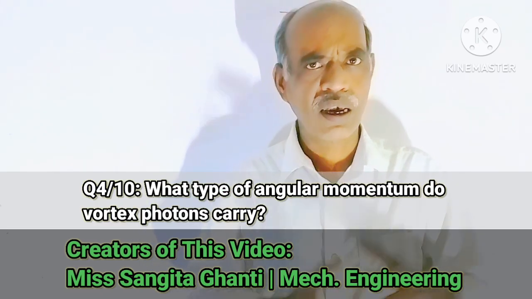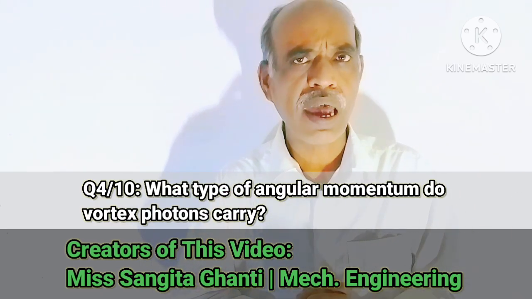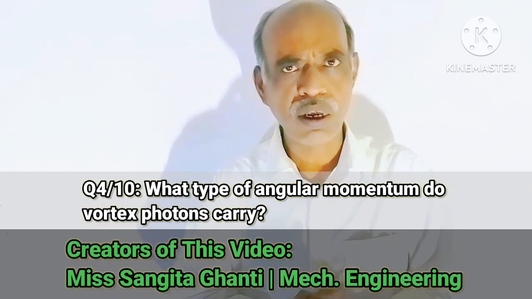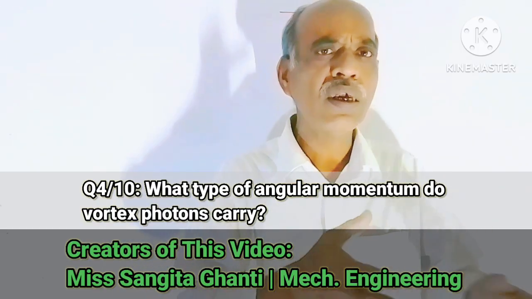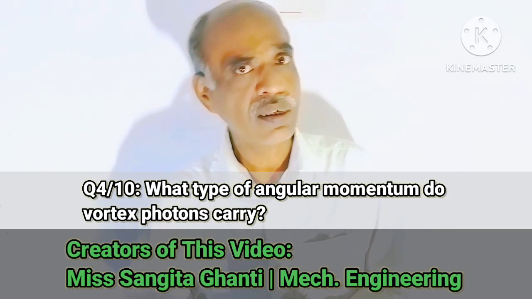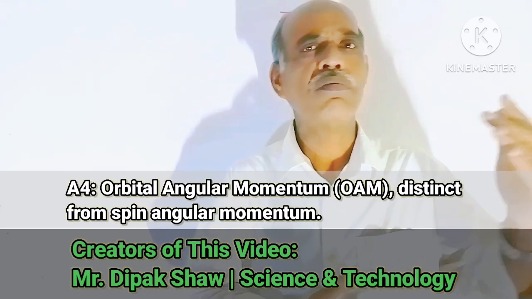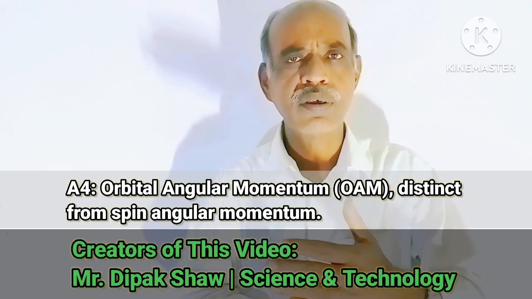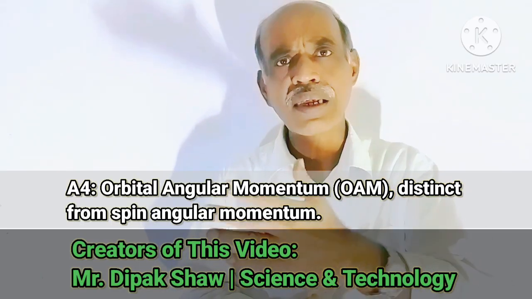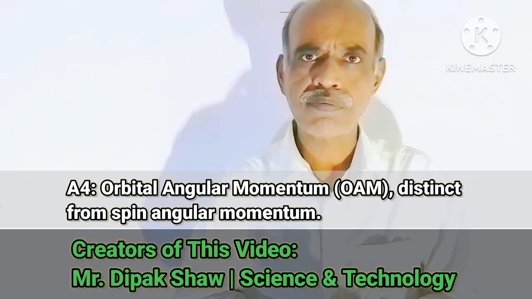And since that orbital angular momentum is not visible in normal cases, that's why the term hidden is there in the title. You can say that photons secretly carry hidden angular momentum.